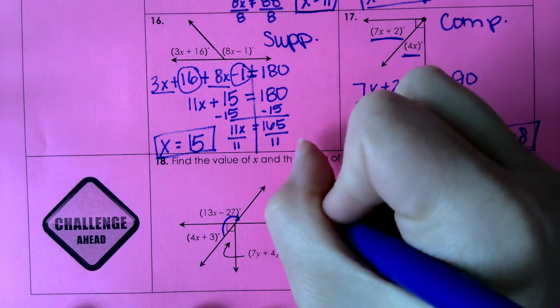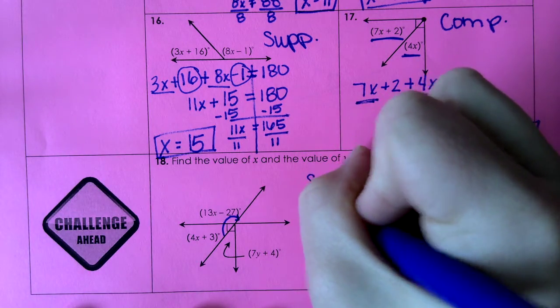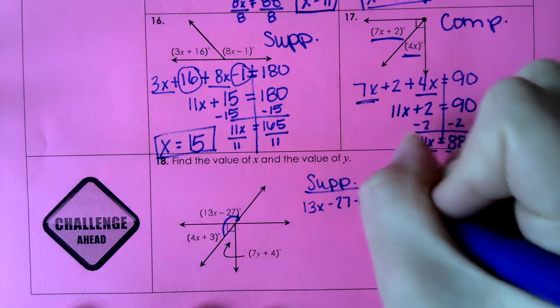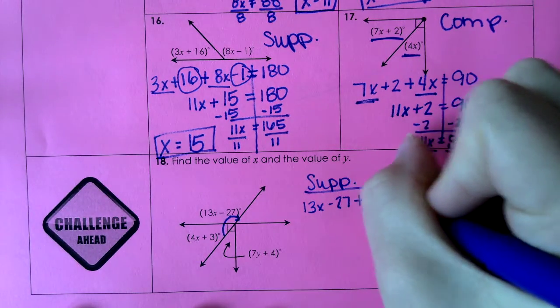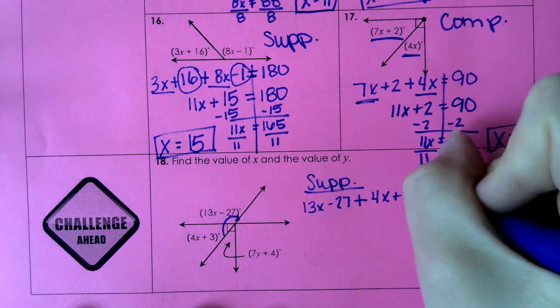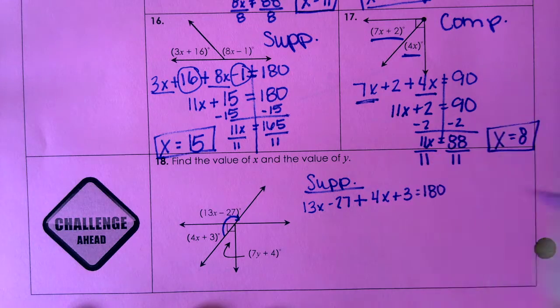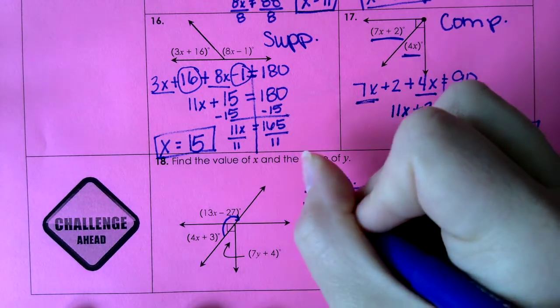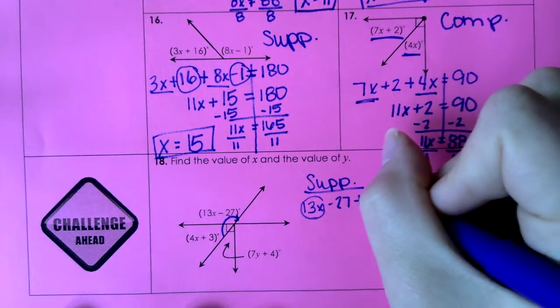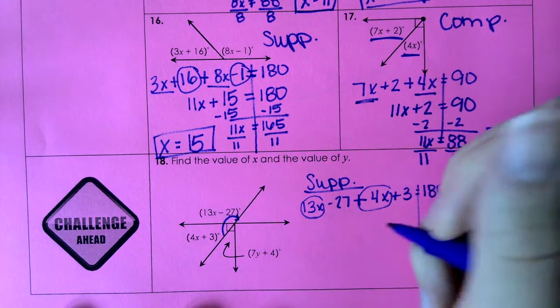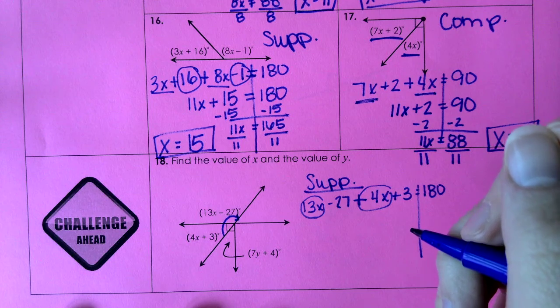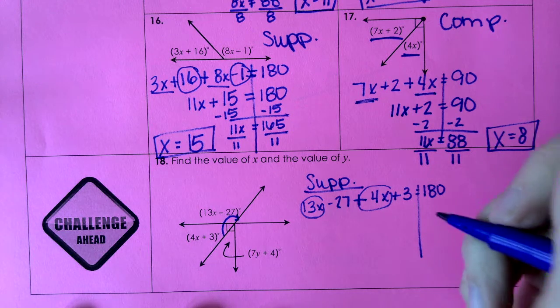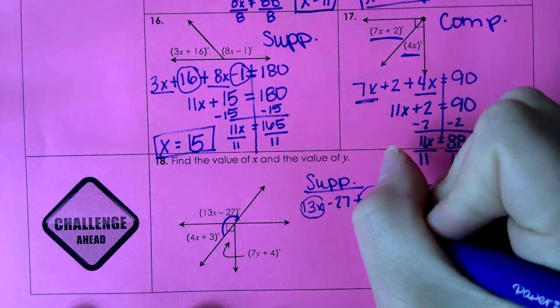So that means I'm taking 13x minus 27 plus the angle of 4x plus 3, and that equals 180 degrees. Okay, so I have 13x plus 4x, and that's going to get me 17x.